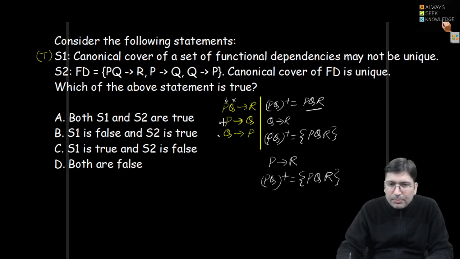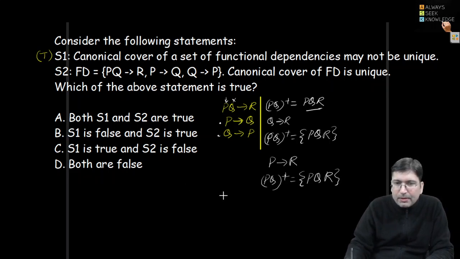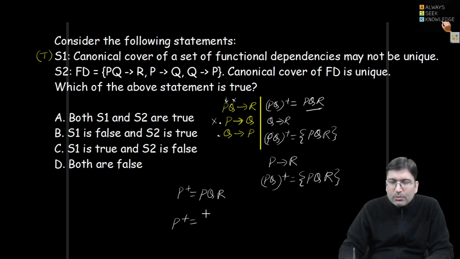Okay, P implies Q cannot be removed, because if you find the closure of P, it will give you P and it will give you Q, and PQ can give you R. So if you remove this rule and try to find the closure of P, because there is no rule given from P, you will only be able to get P, because if this rule is not given, then nothing can be derived.